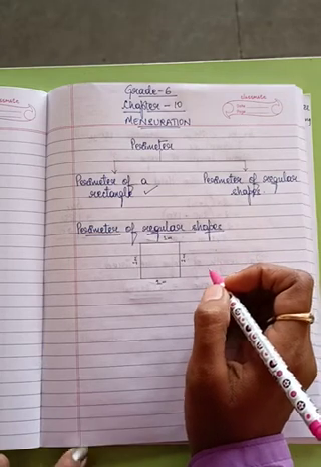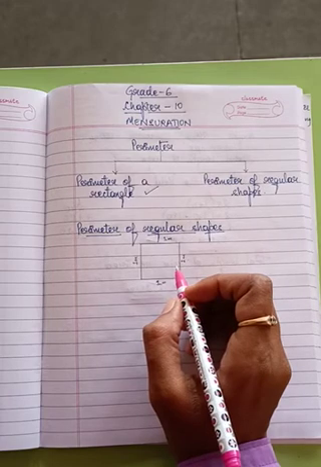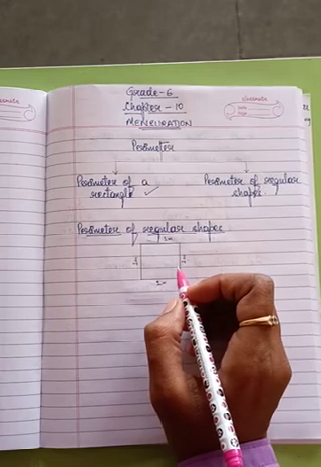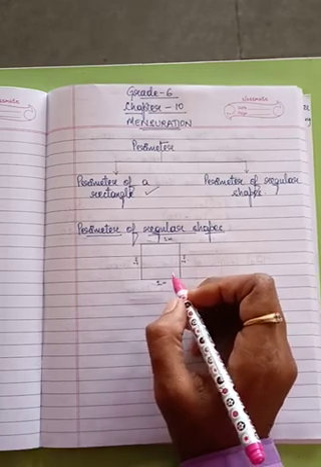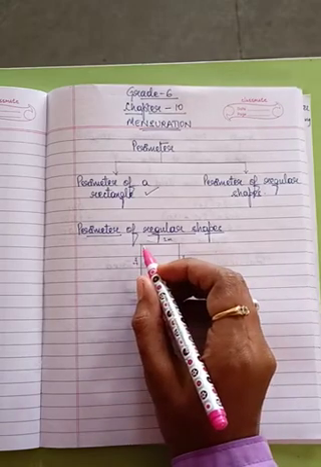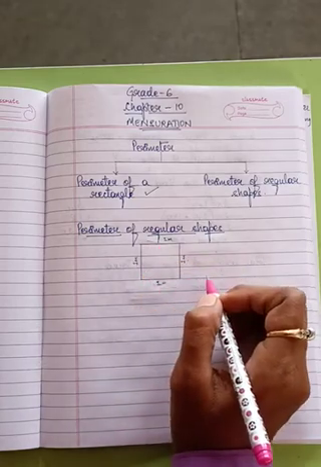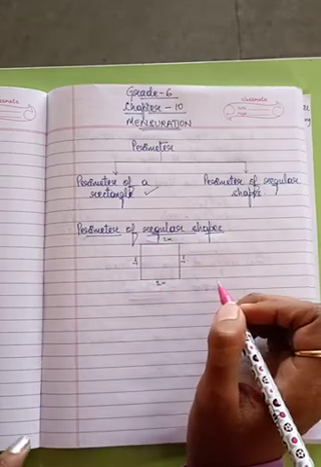Now, I need to find out the perimeter. Perimeter, as I have explained it to you in a previous class, is that if I go around this field, that is the perimeter. I mean the boundaries of any shape can be called as perimeter.